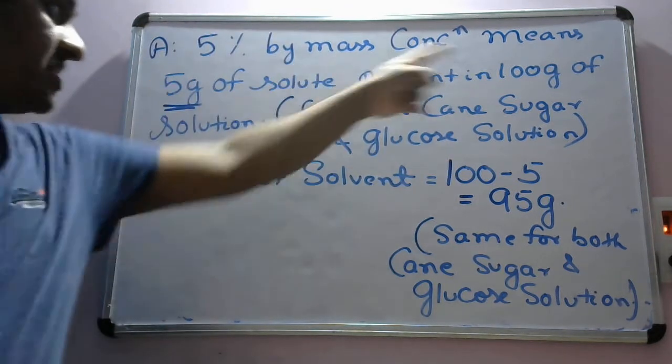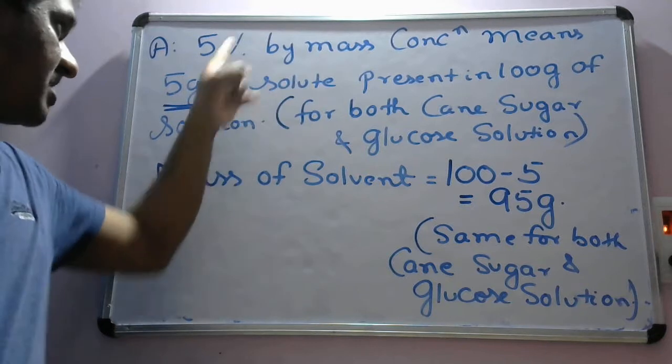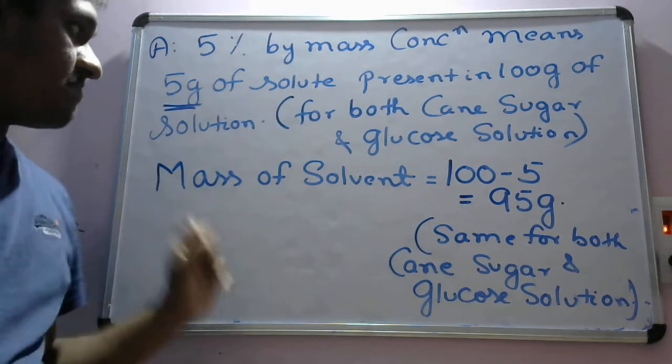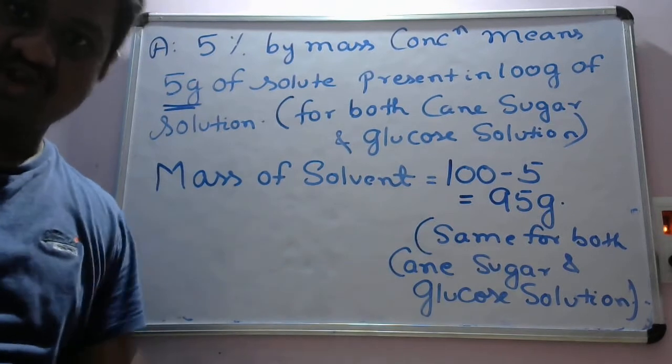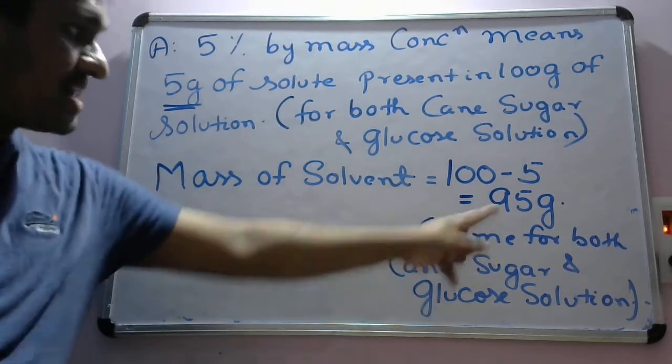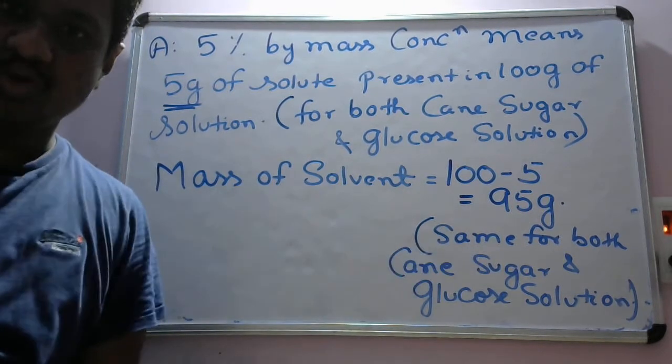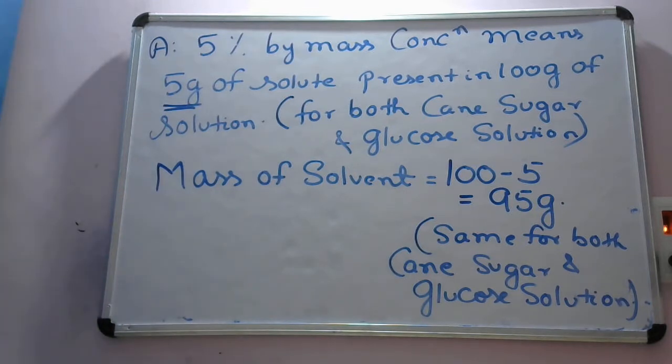So this is the information which we got from the concentration by mass, that will also be same. Hence the mass of solvent, that is 95 grams, solvent is water over here, that is also same for both cane sugar and glucose. So you note it down.